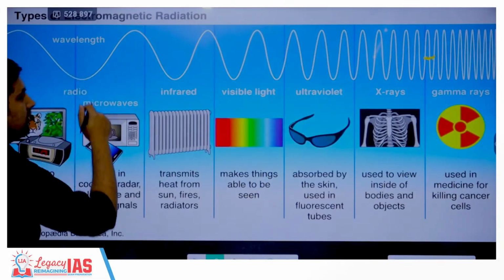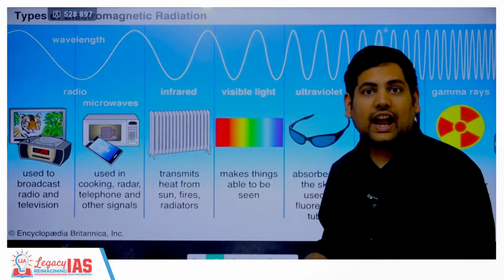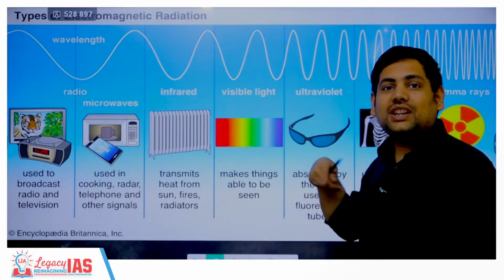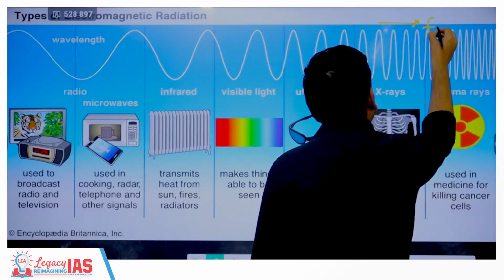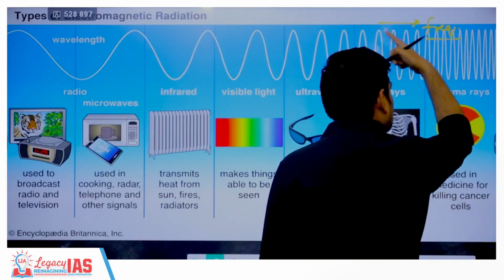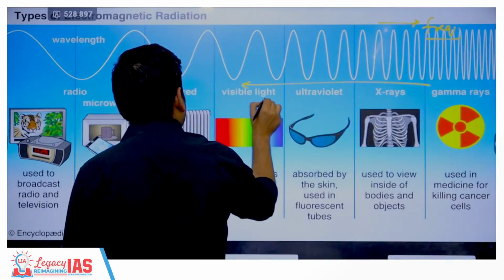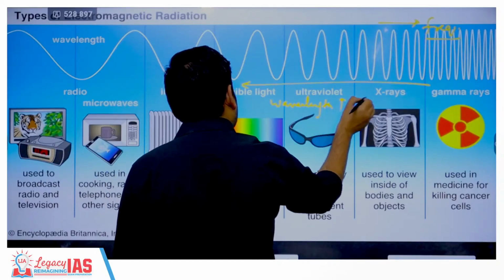So clearly wavelength is decreasing towards this side, and the number of cycles per second is increasing. So basically frequency is increasing on this side, and wavelength increases on this side.